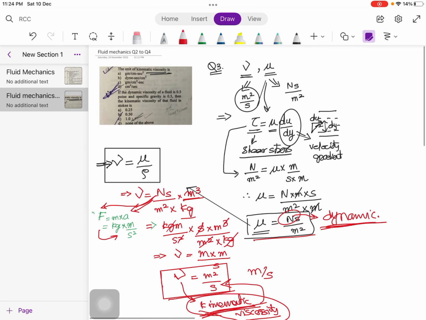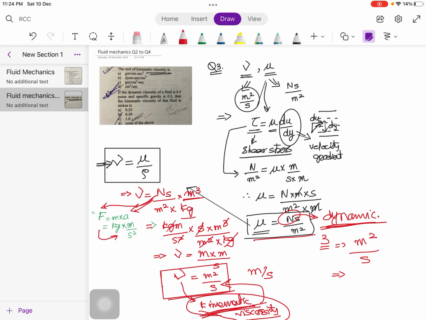So the answer for our question number 3 would be meter square upon second. We don't have that in the options. That means we further need to rearrange this unit.